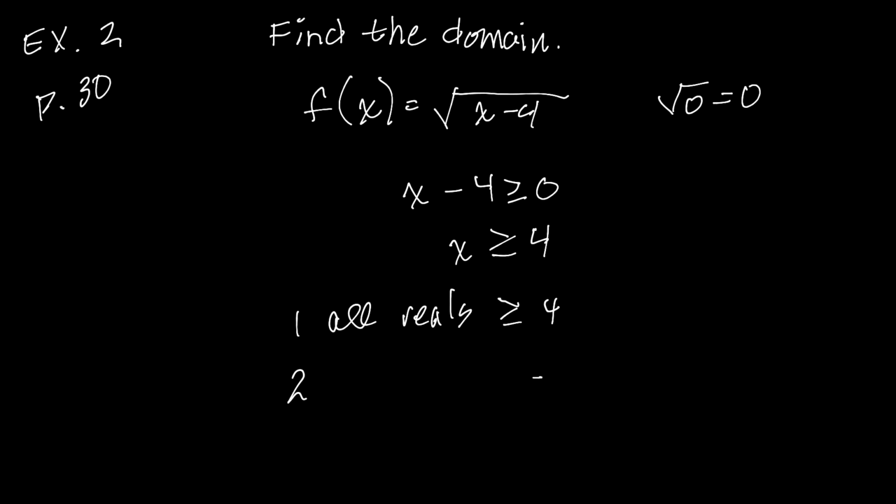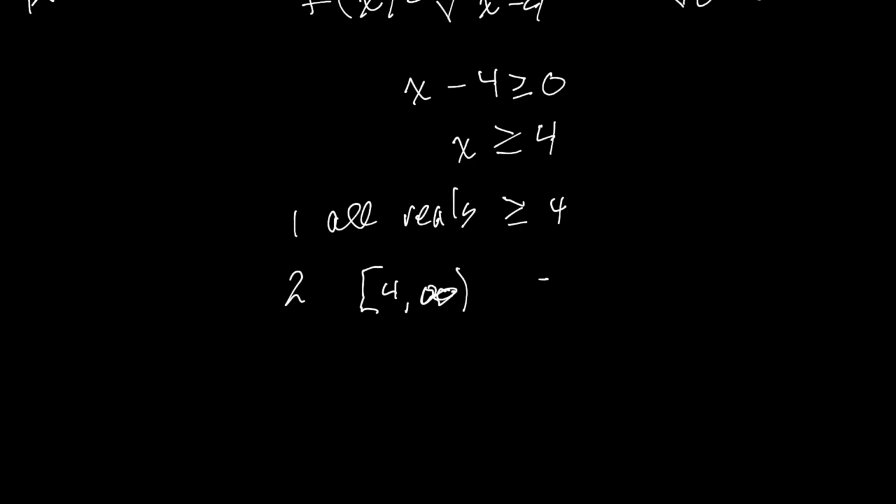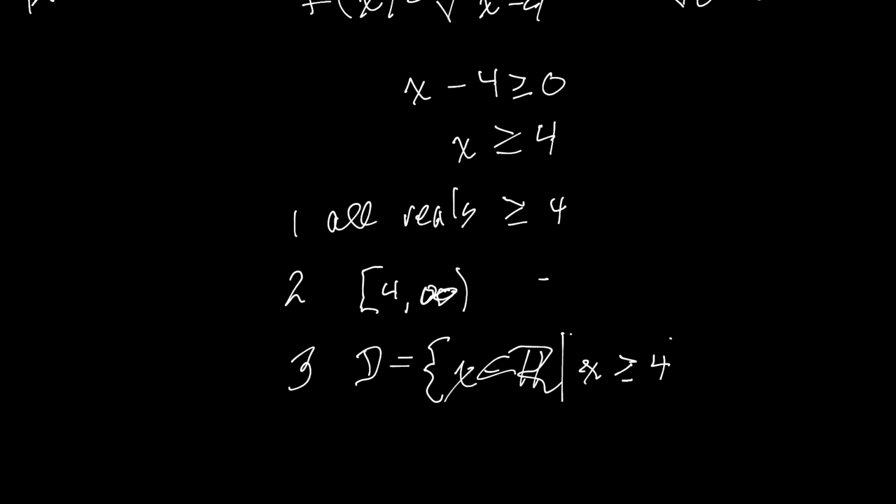That's my infinity symbol. It looks like a sideways 8. All right, and then the third way that we wrote this was: I could say the domain is equal to the set of x, an element of the reals, such that x is greater than or equal to 4.